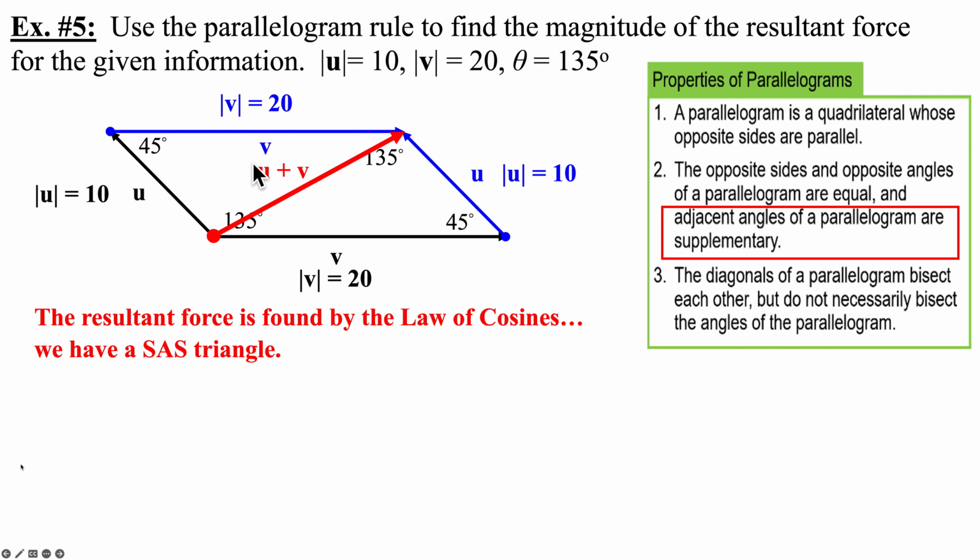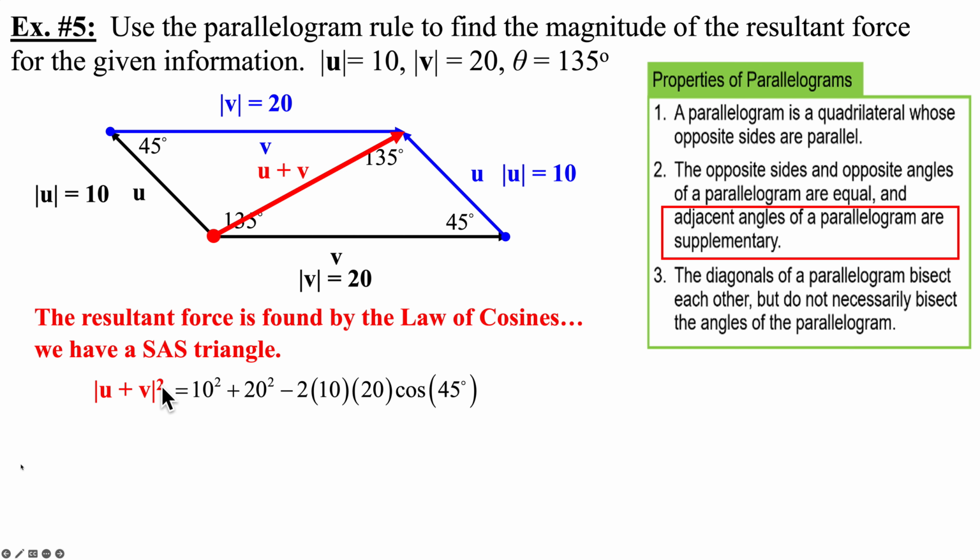So here, the magnitude of u plus v squared equals 10 squared plus 20 squared minus 2 times 10 times 20 times the cosine of 45 degrees. Now, because we're using 45 degrees, which is one of my special right triangle angles, they're probably going to ask you to write a simplified square root answer.